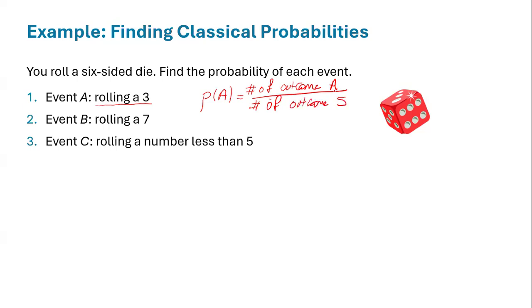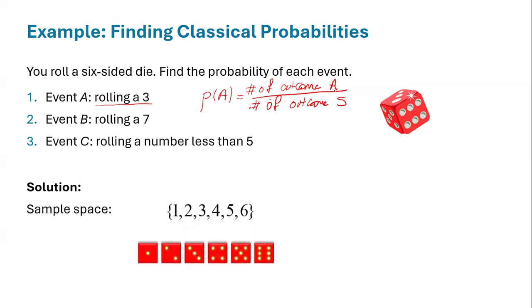So I need to find the sample space, which is all possible outcomes. When you roll the die, all possible outcomes are numbers from 1 to 6. And the number of outcomes in the sample space is 6.